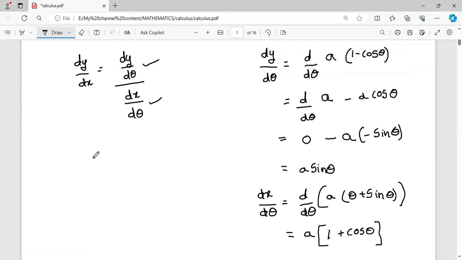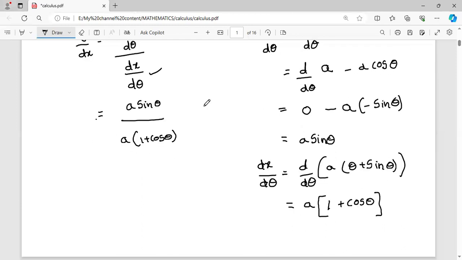Now coming to our target, dy by dx. Dy by d theta is clearly a sin theta, divided by dx by d theta, which is a into 1 plus cos theta. So here a gets cancelled.